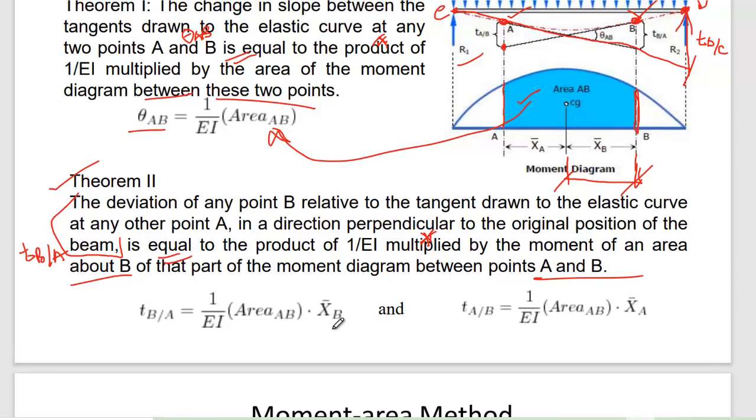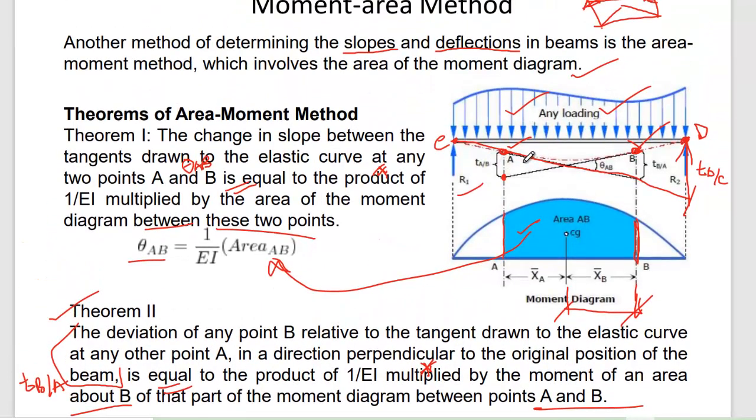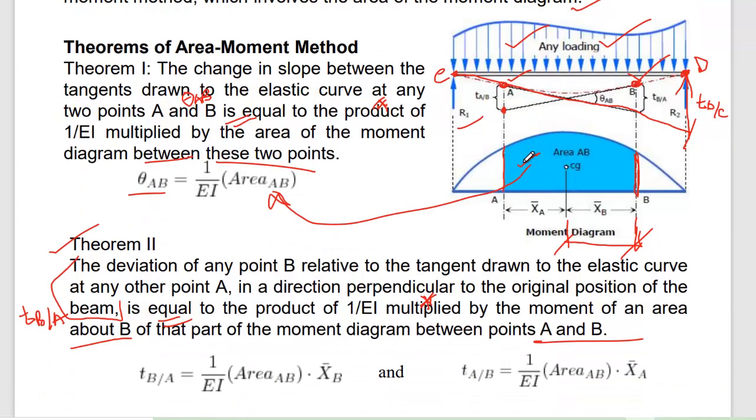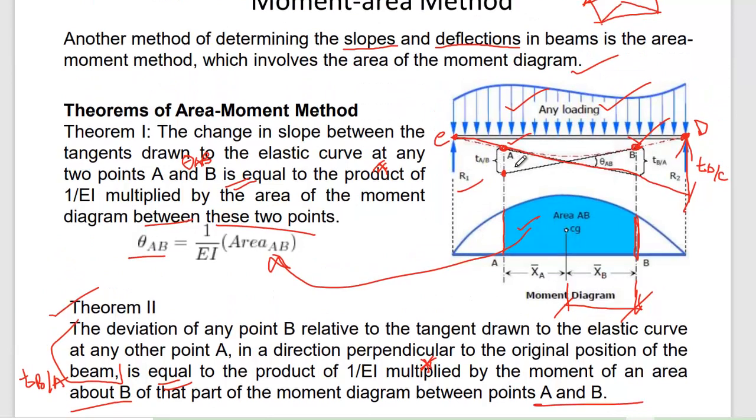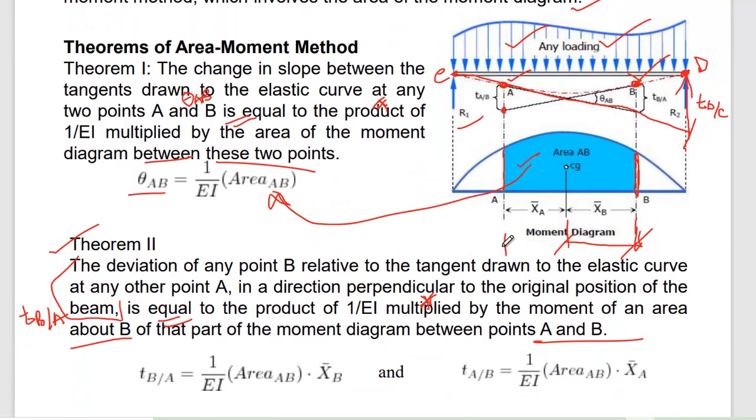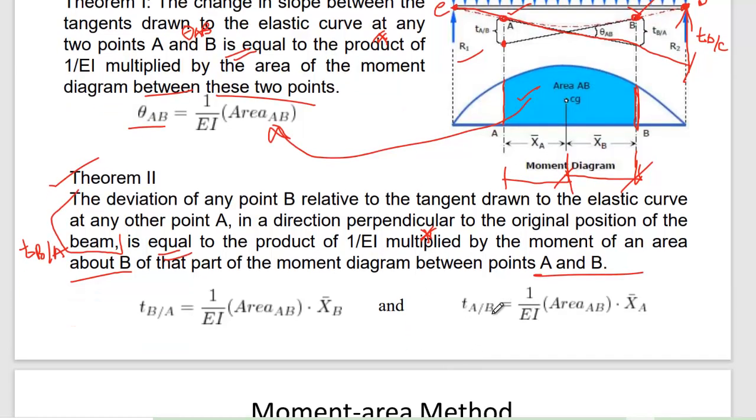Now similarly, if you want to calculate this T A by B, the only change is that it would be about point A. That time you will consider the distance X bar from point A. So T A by B equals 1 by EI multiplied with area of AB.